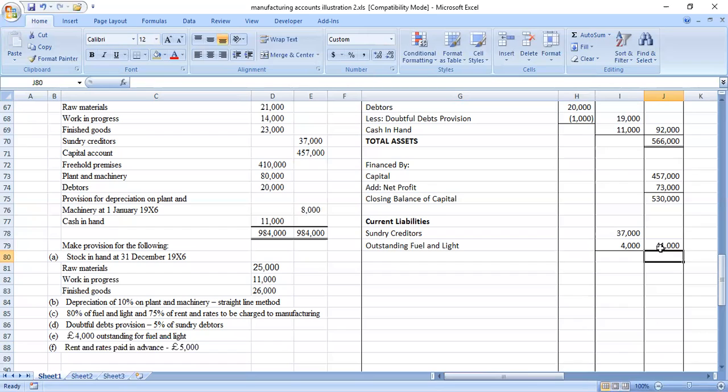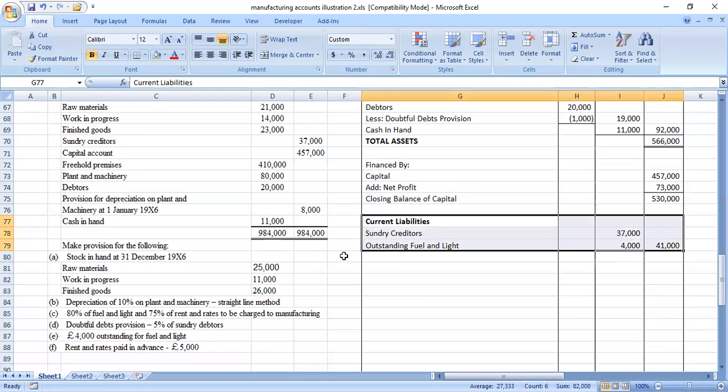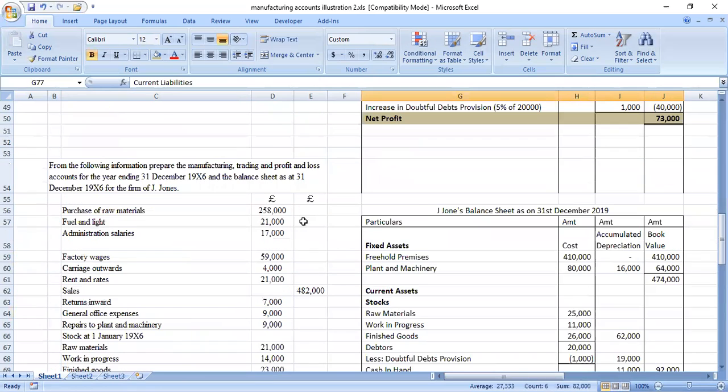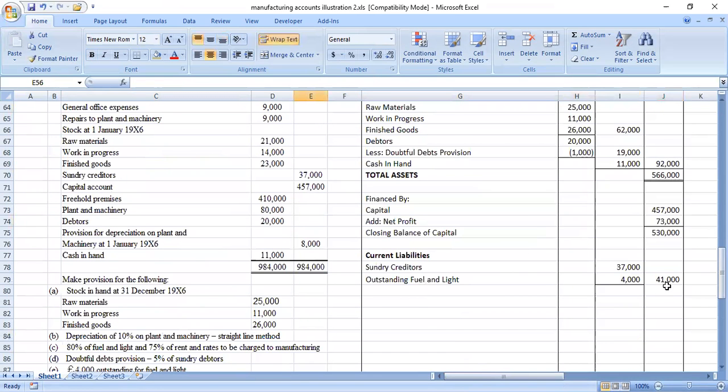Sawa sawa. Yes. So now we have on the other side of the balance sheet, we have capital plus the liabilities, of which we only have current liabilities. We don't have any non-current liabilities. So we add in total, that is capital plus liabilities. The capital is 530. Si ndio? Yes.